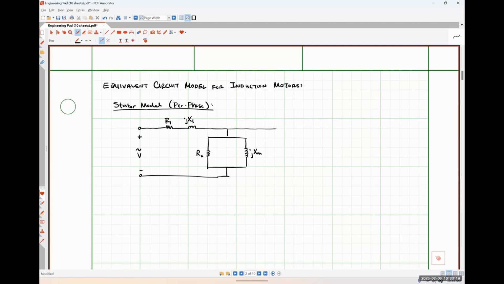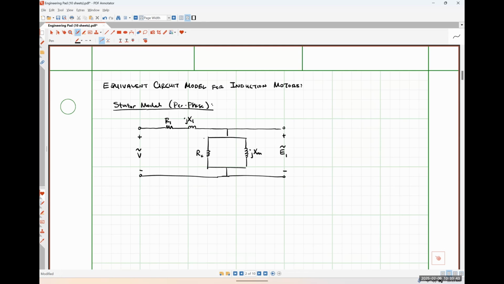And then over here on the right-hand side, this is my induced voltage E1.